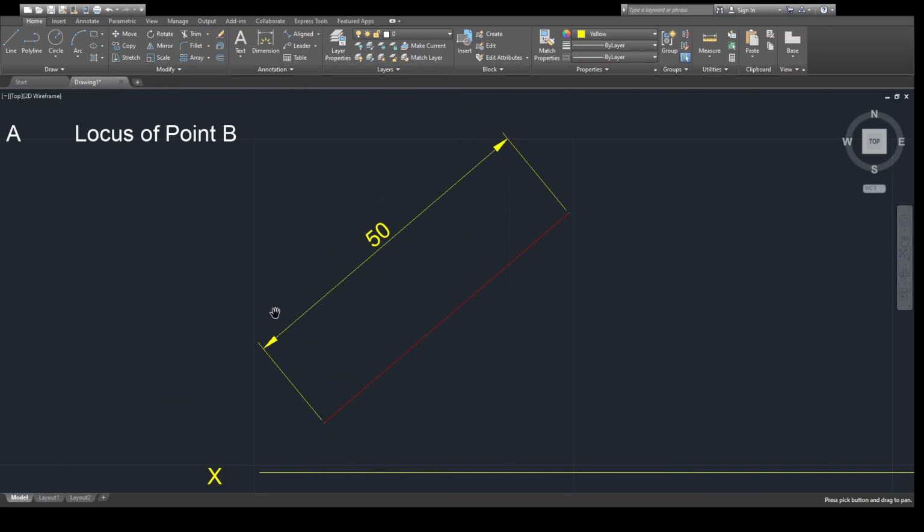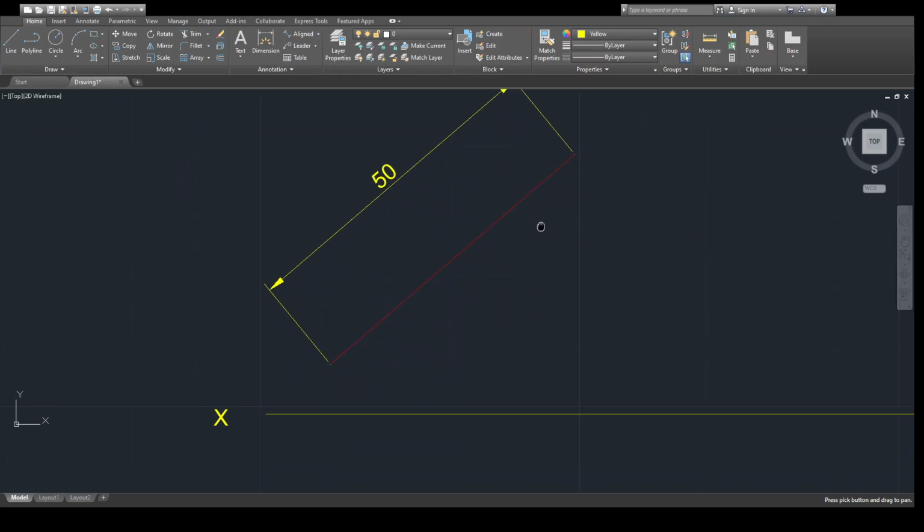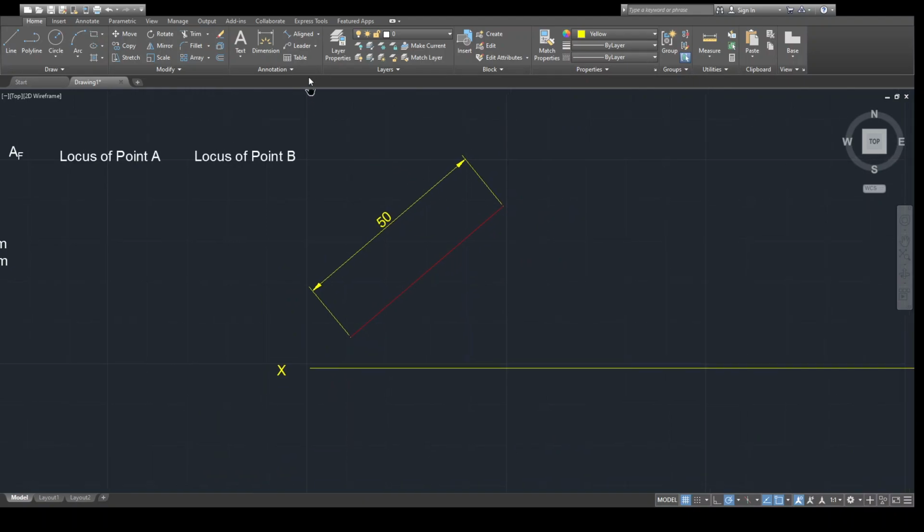I have seen some students use very wrong dimensions in the exam. This is the rule to show the length of a line. Remember how the arrow marks are placed exactly over the center of this line. 50 is written, do not write it here. Now we will show the angle.